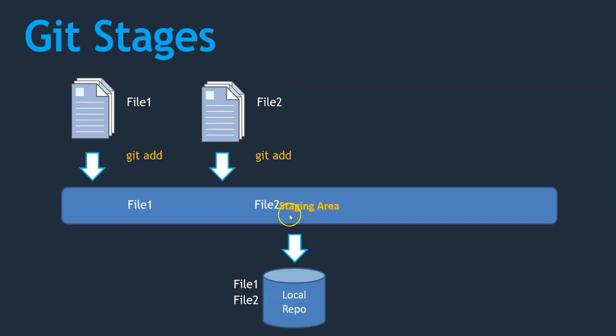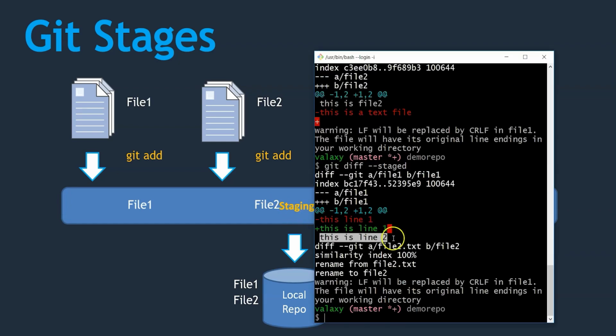That is the reason it is showing those two differences. Now you can see here we have removed this line 1 and updated it with this is line 1. That is how it identifies. And one extra space was there in the previous one that we have removed over here. That is how it identified. So now the comparisons have happened between the local repository and the staging area.